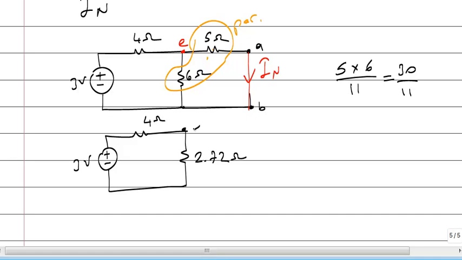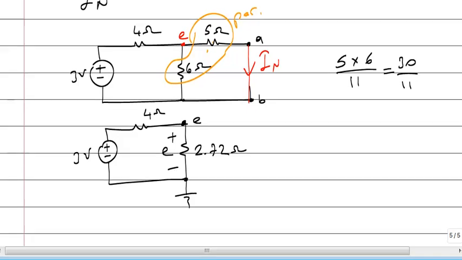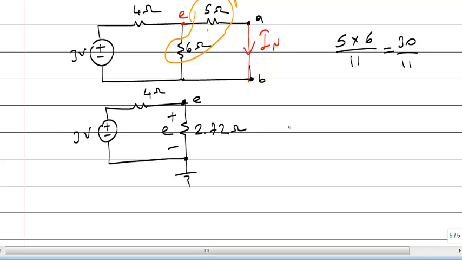What's the voltage of E? If you say this is ground, this voltage will be equal to E. Okay? And by voltage division, the voltage of this resistor is the total voltage times the resistance divided by the total resistance, which is approximately 1.2 volts.